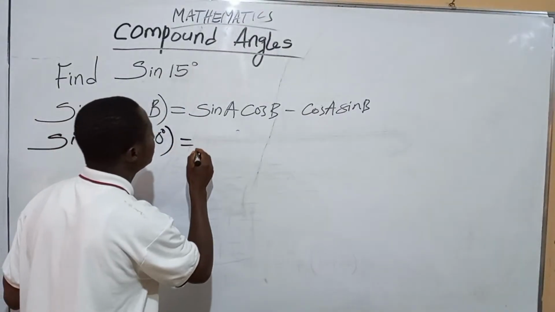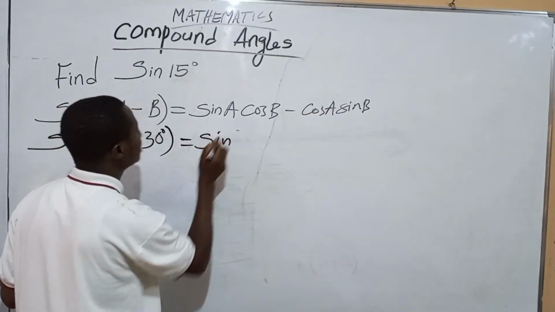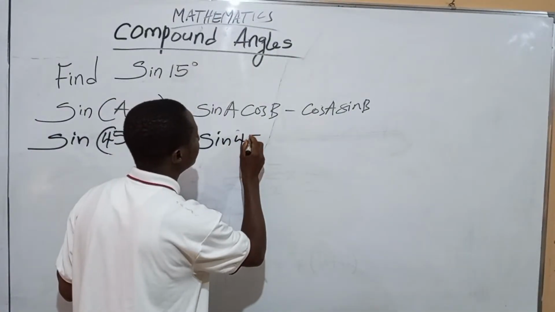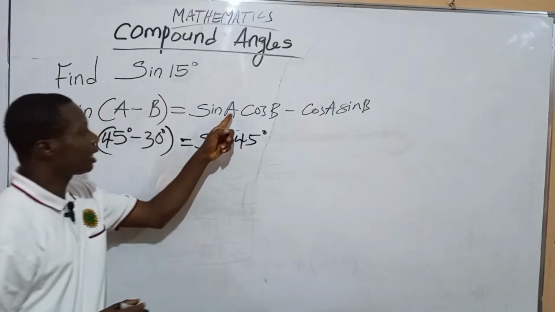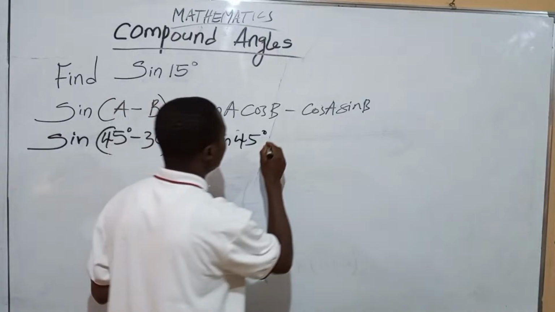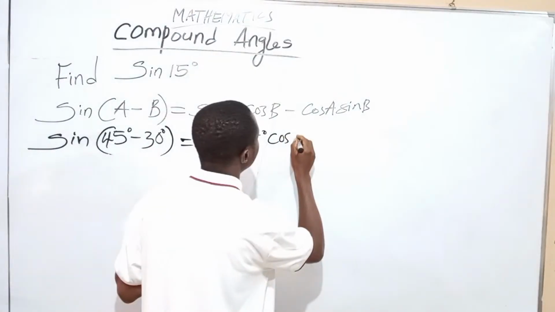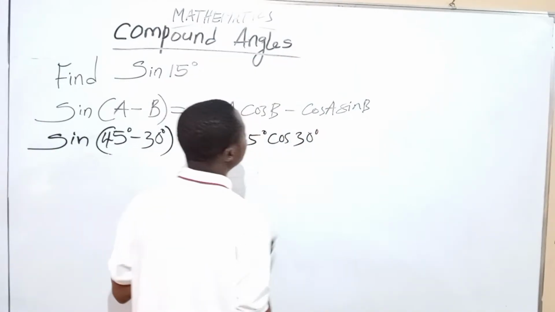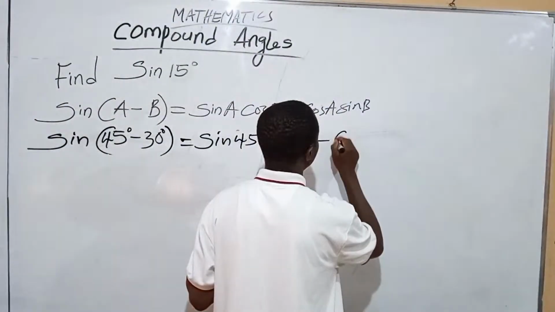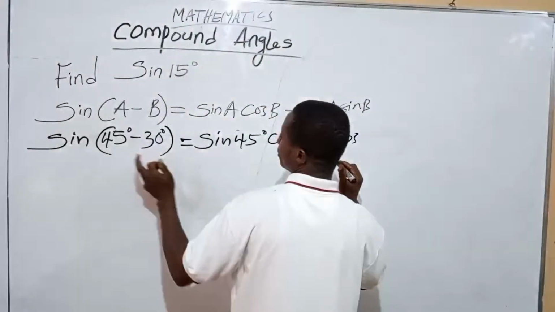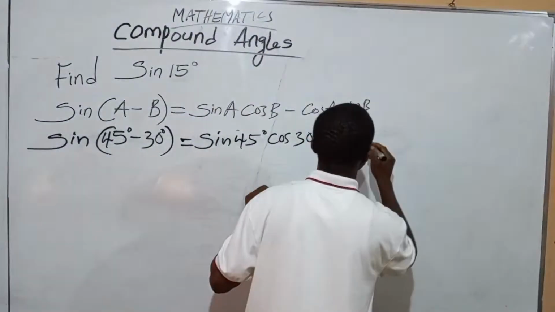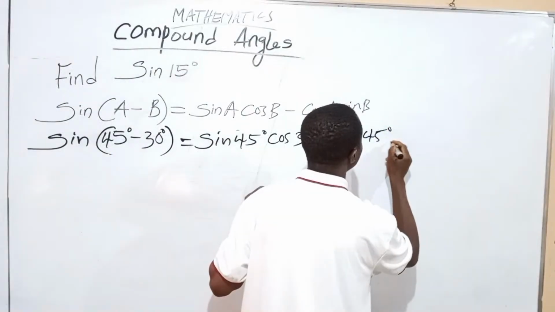So let's proceed. This gives sine 45, okay, because our A is 45 and B is 30. Then we have cosine 30 degrees. Then minus cosine 45 degrees.